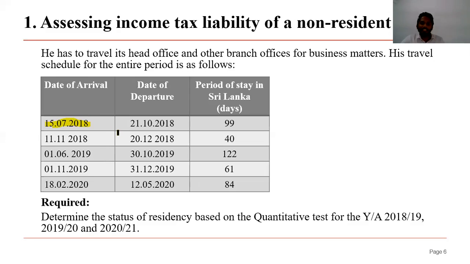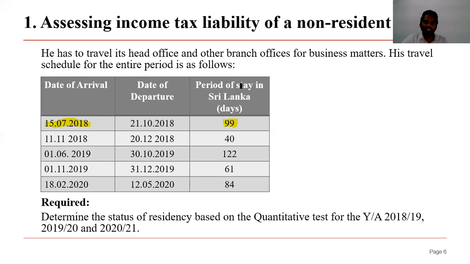Then he stayed in Sri Lanka and later, on 21st October 2018, he left Sri Lanka. The total number of days he stayed is 99.